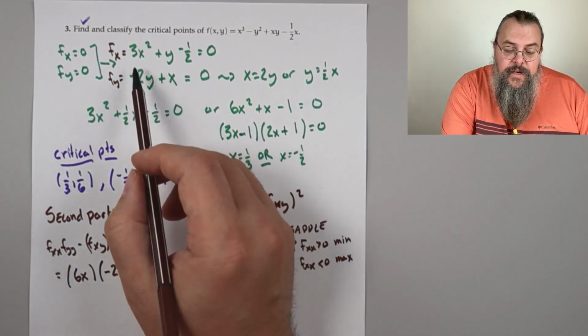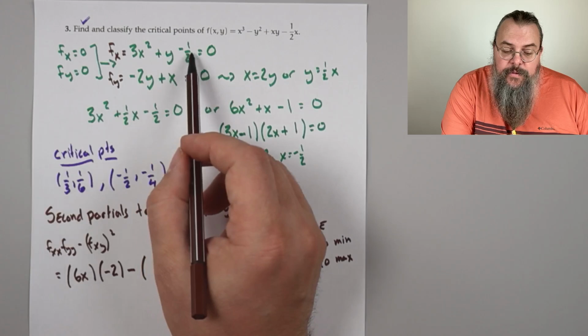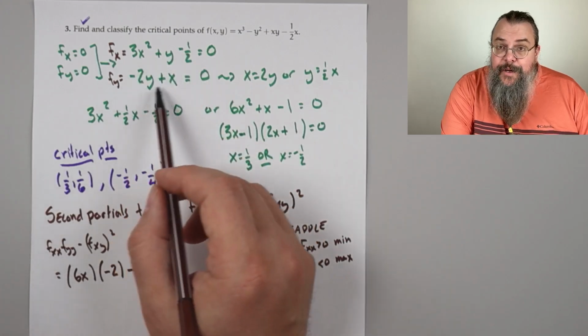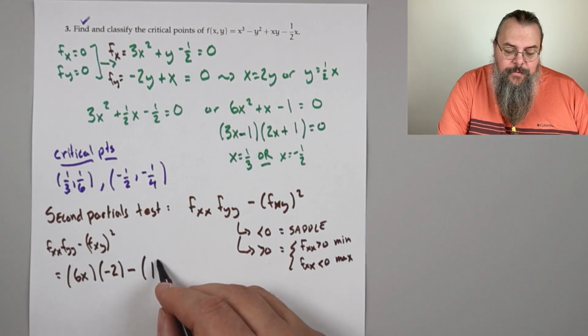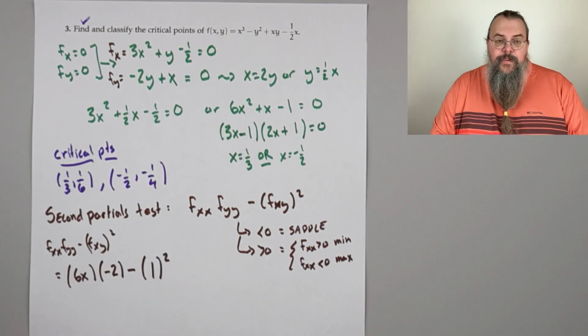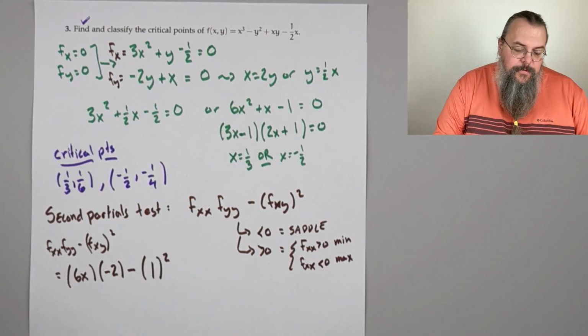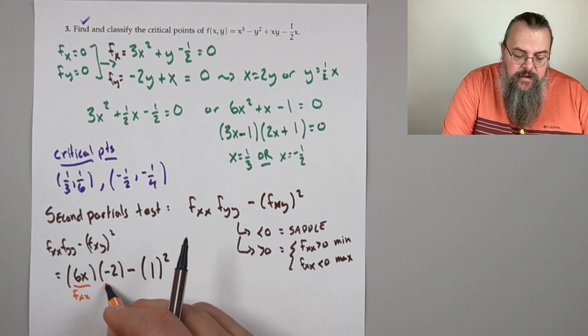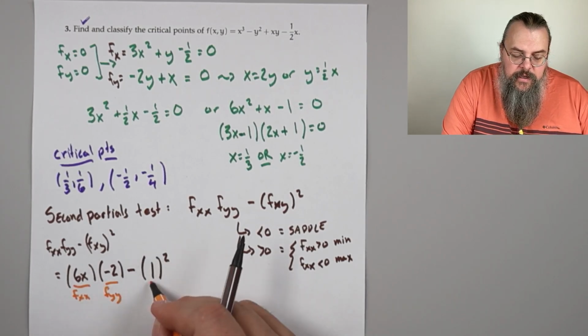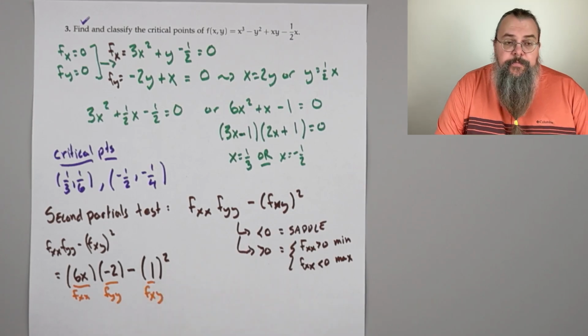Now, take the derivative of the first expression with respect to y, or this expression with respect to x. In both cases, we get 1. Okay, so we see right underneath, here's fxx, here's fyy, here's fxy.